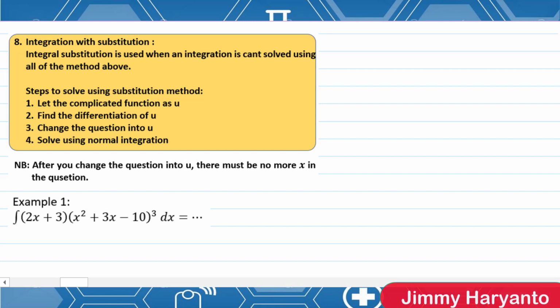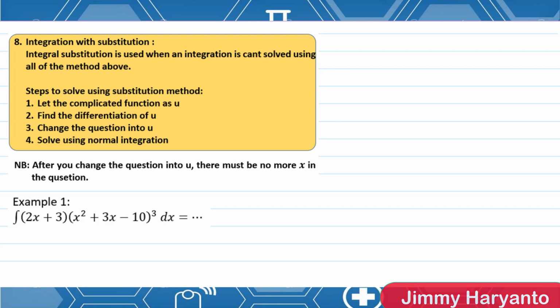And then the 8th will be integration with substitution. If you cannot do the integration questions with the previous method, the 7th method, you should use this one, integration with substitution. You have to follow the steps for using this method.